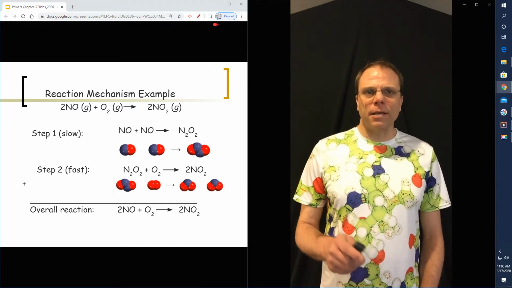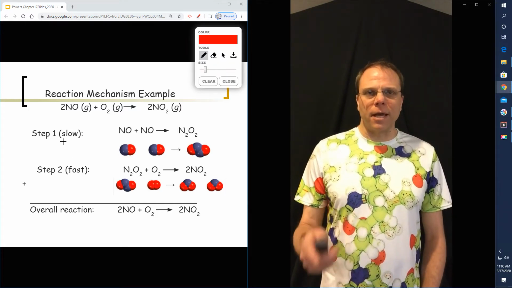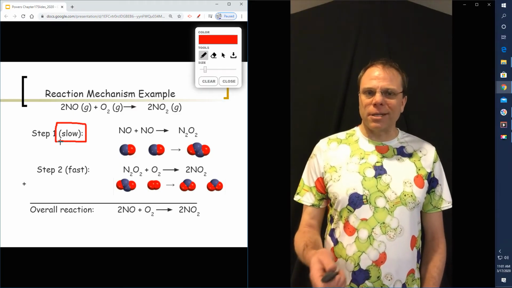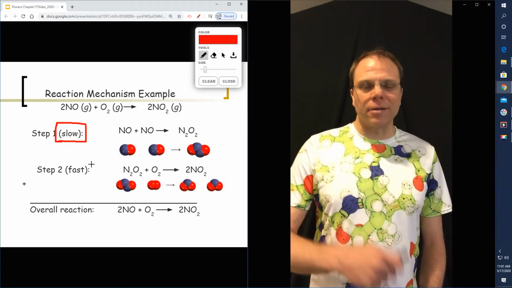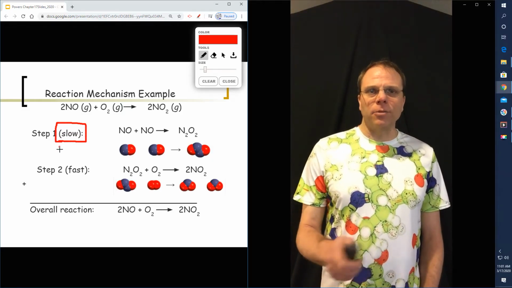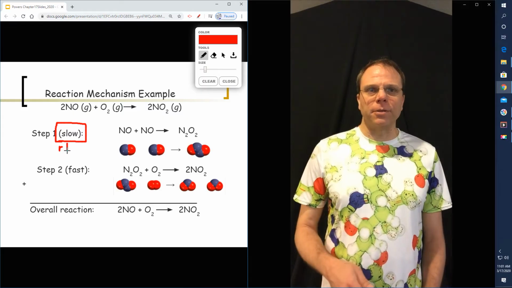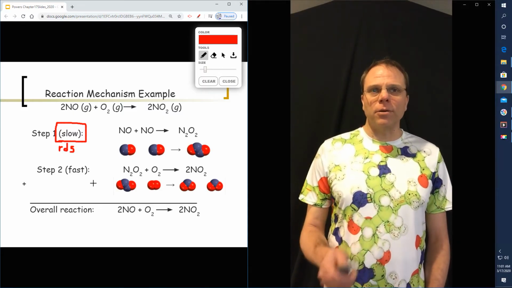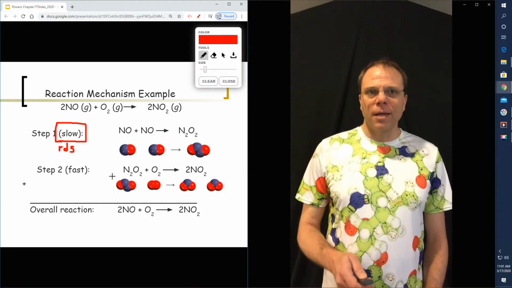Now that first step is a slow step, the NO plus the NO making the N2O2. So if that's the slow step, it's probably going to be considered the rate determining step, right? So step 2 is the faster step. N2O2 plus O2 gives you 2NO2. Overall, the reaction is, as we stated in the beginning, 2NO plus O2 gives you 2NO2.